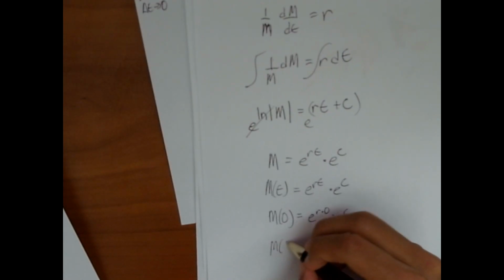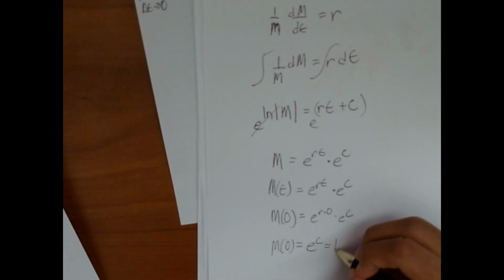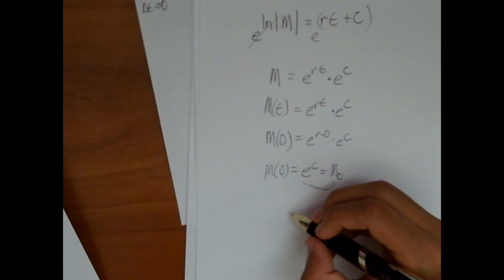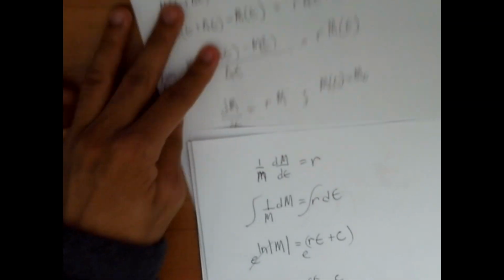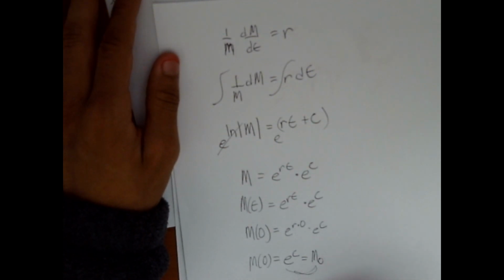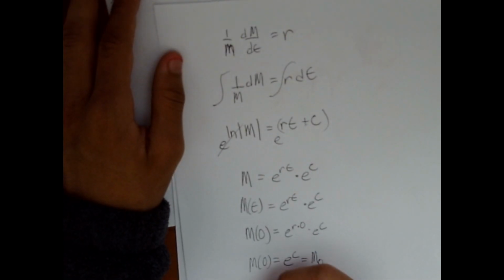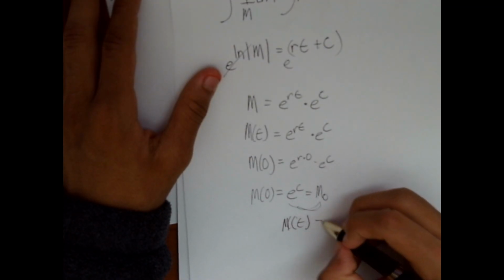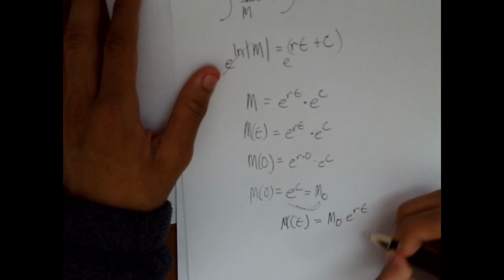And we know M at 0 is equal to M naught. We can just say these are the same, and then we get our final solution. M at time t is equal to M naught e^(rt).